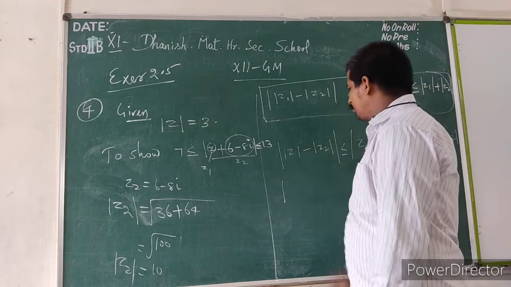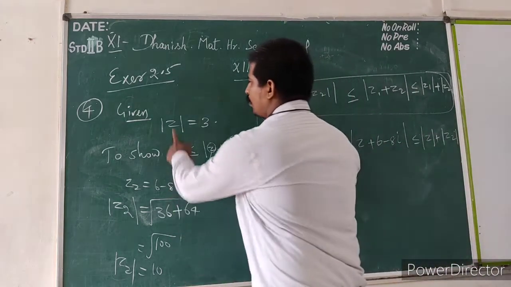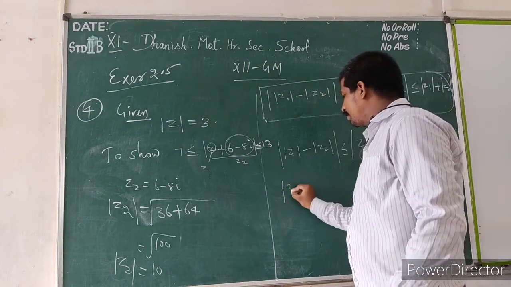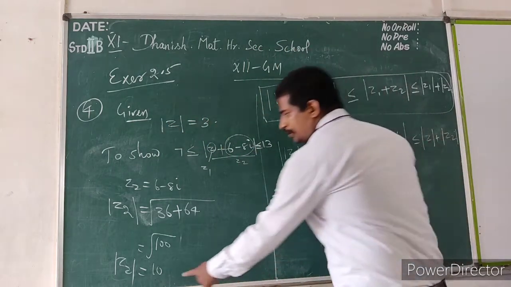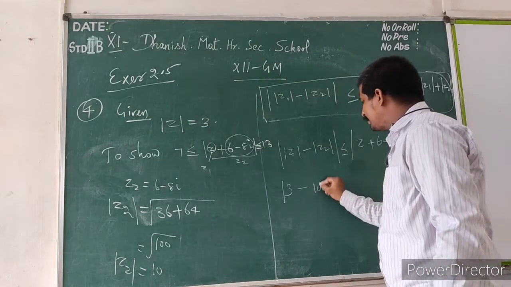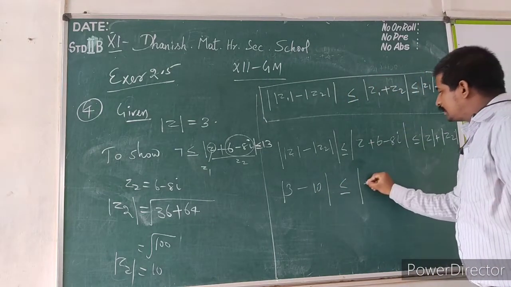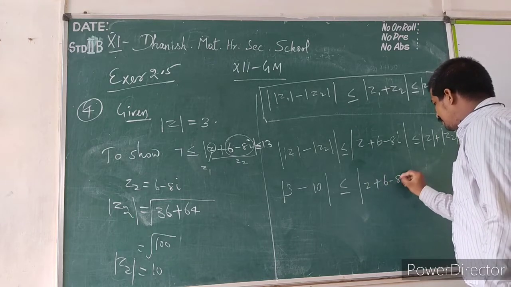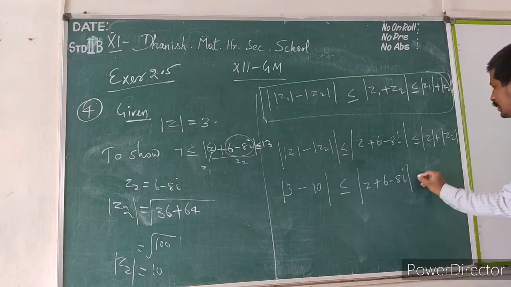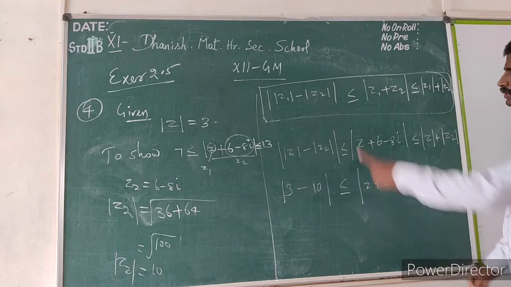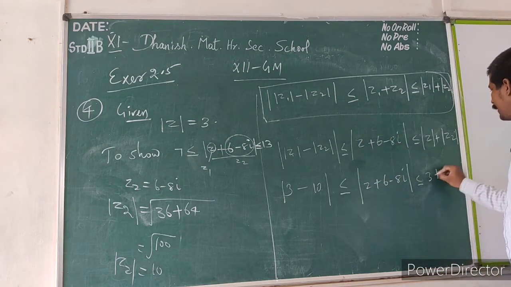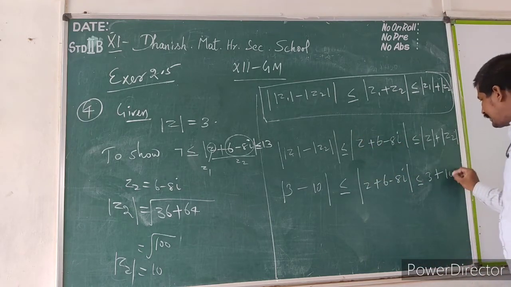Now modulus z, what is our modulus z? It is 3. So 3 minus modulus z2, here our modulus z2 is 10, is less than or equal to modulus z plus 6 minus 8i, less than or equal to modulus z, which is 3, plus modulus z2, 10.